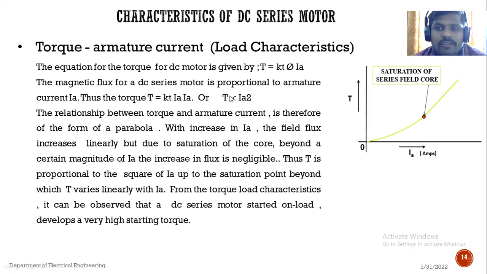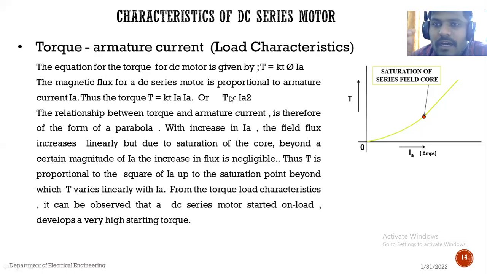So the torque of the motor is directly proportional to the square of the armature current up to magnetic saturation. After magnetic saturation, the flux remains constant. If the flux is constant, then the torque is directly proportional to only Ia.